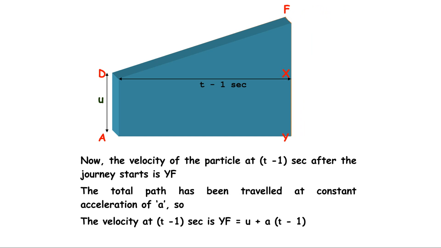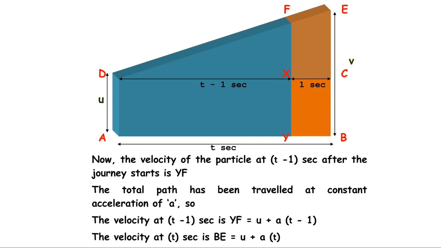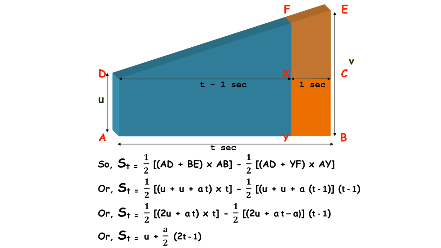So YF will be the final velocity after T minus 1 second, and we know the final velocity can be defined as U plus A into T minus 1, and the final velocity after T seconds, that is BE, can be written as U plus AT. Implementing the values of YF equals U plus A into T minus 1 and BE equals U plus AT, we can write that ST equals U plus A by 2 into 2T minus 1.